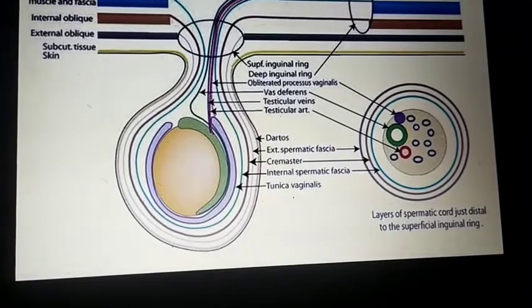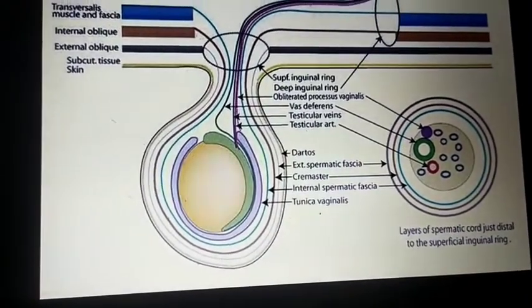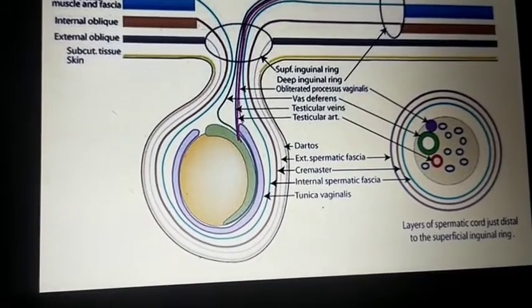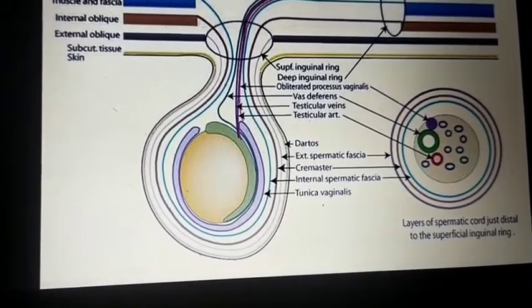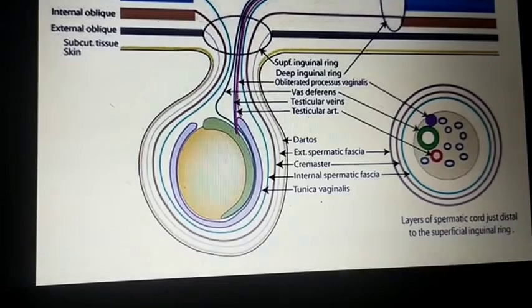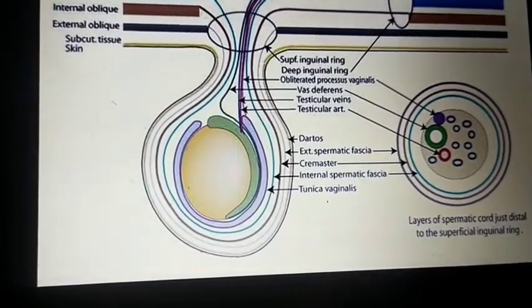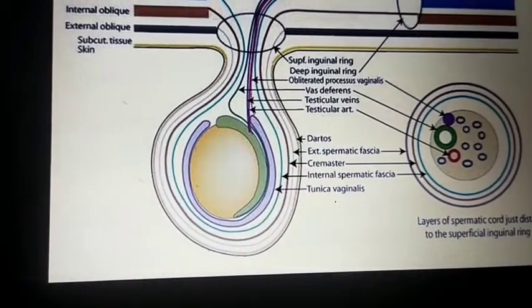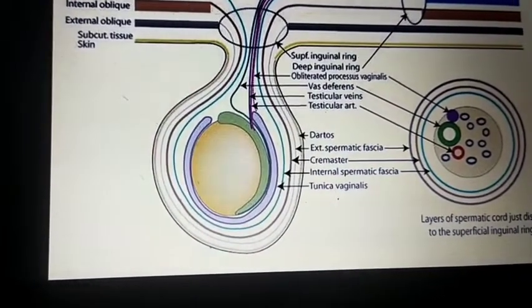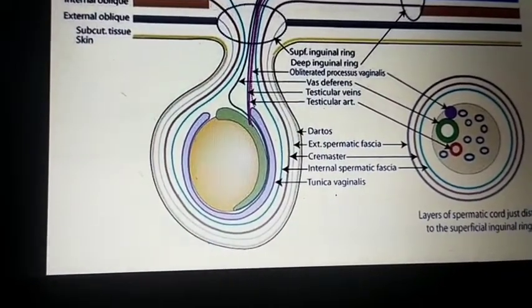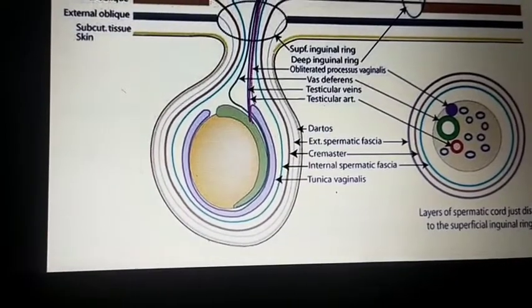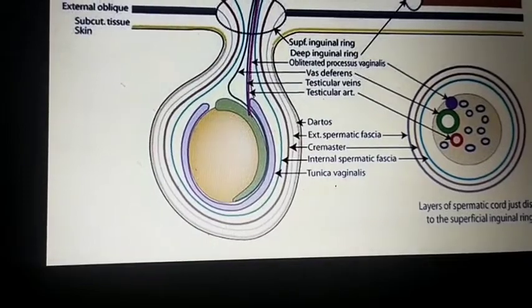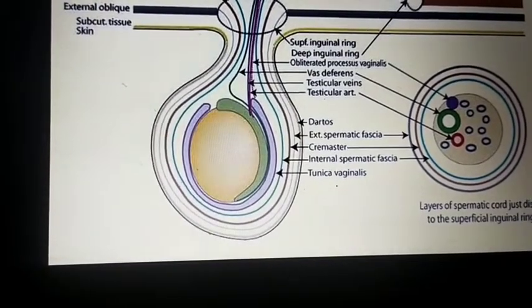All have a relation, because there is some relation between the inguinal canal and the testis or scrotum. Because of that, sometimes a hydrocele also extends up to the inguinal canal, or a congenital hydrocele always has a connection between the inguinal canal and the scrotum or the testis.